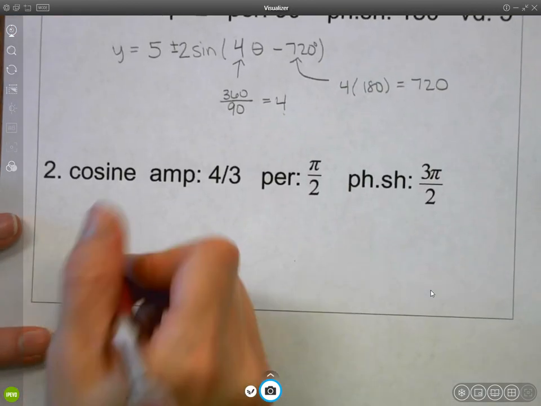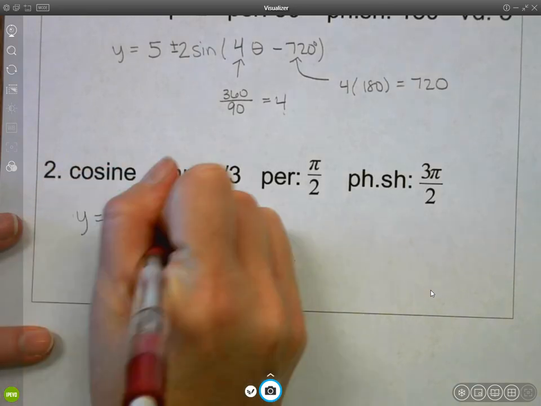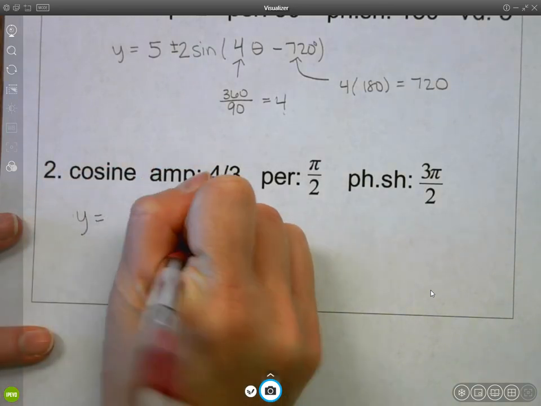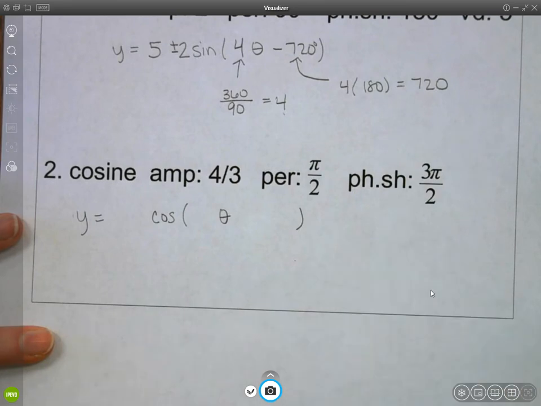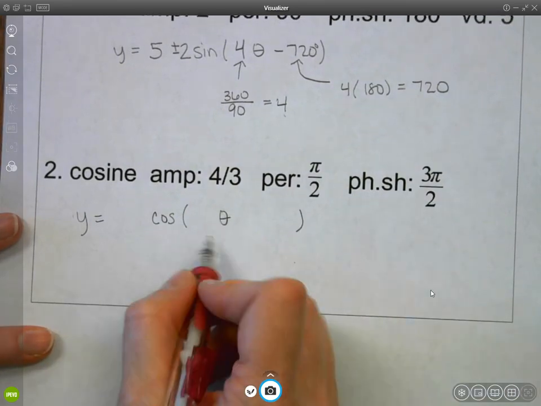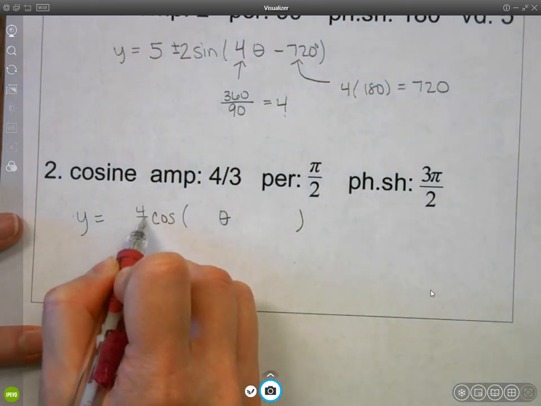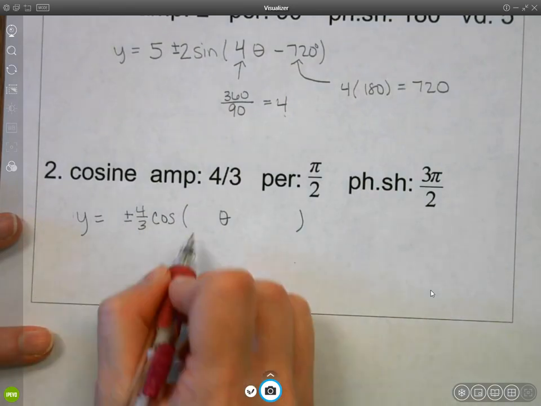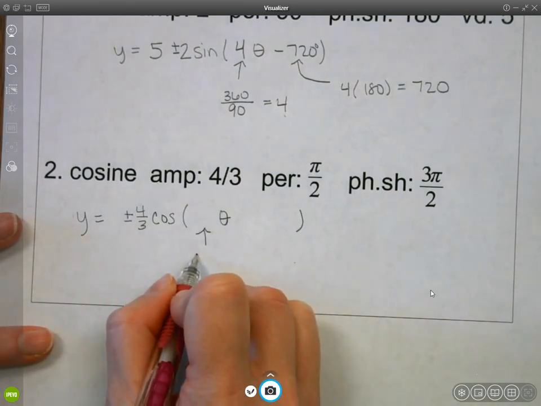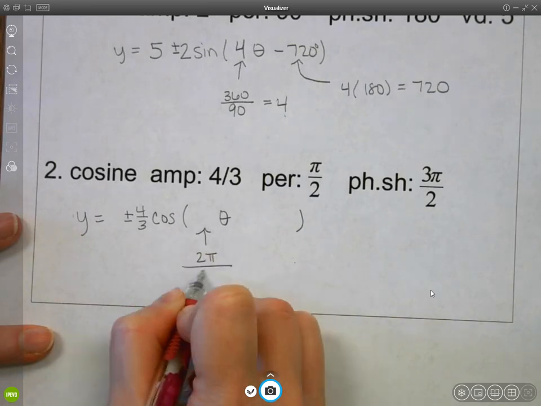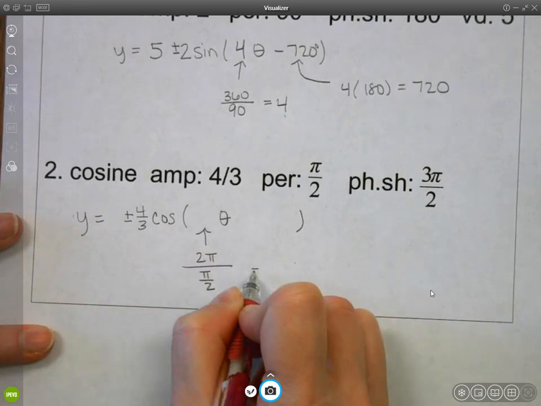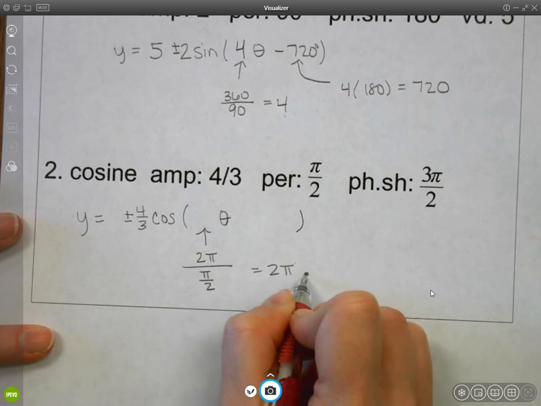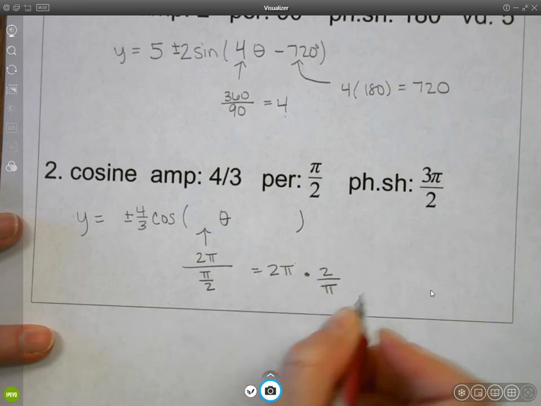Alright, so the next one, we're writing a cosine, so we say cosine of something. Alright, so again, amplitude is 4/3, but it's plus or minus because we don't know which one it is. To get this number, we take the normal period divide by the new one. So remember, we multiply by the reciprocal when we divide fractions.